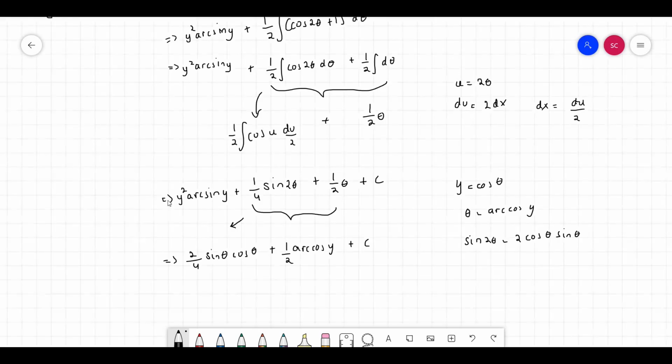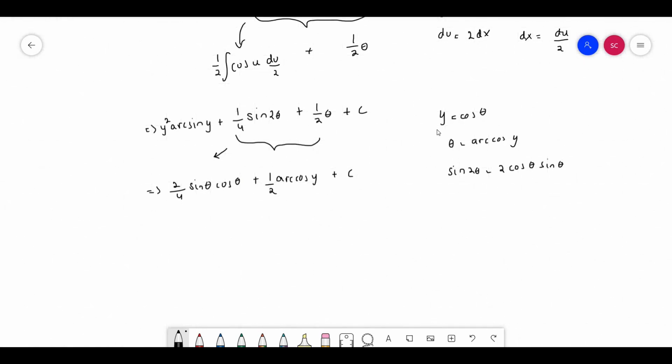Cos theta is directly y, because that's what we substituted in the first place. As for sine theta, what we can do is just draw a triangle, as so. Let's say this is theta, right? If cos theta equals y, the adjacent side has to be y and the hypotenuse has to be 1. So cos theta is y over 1, right?